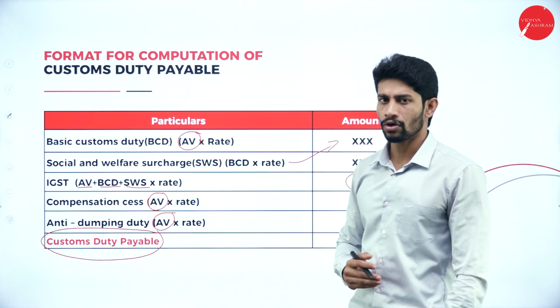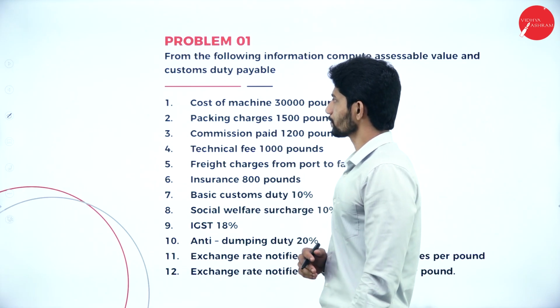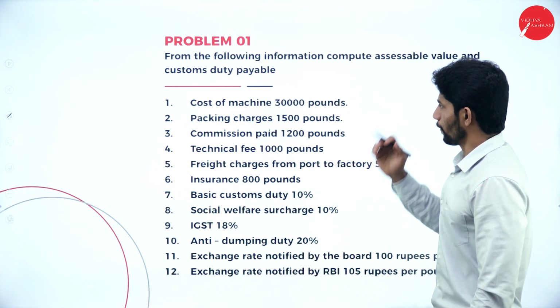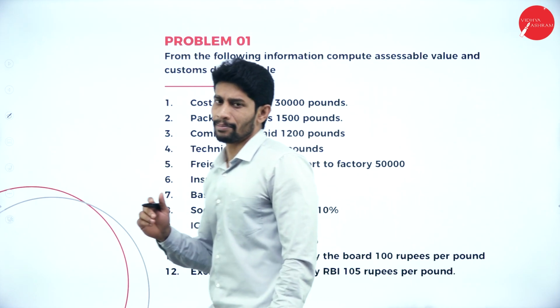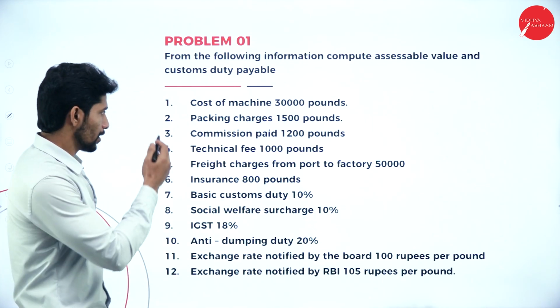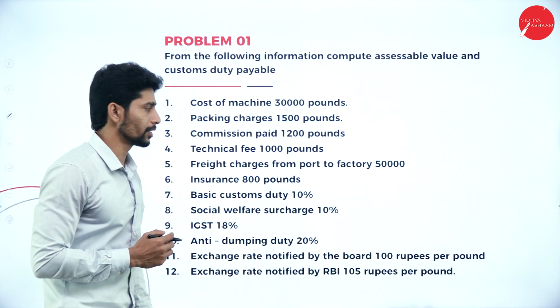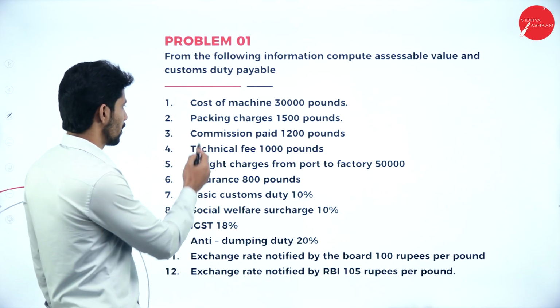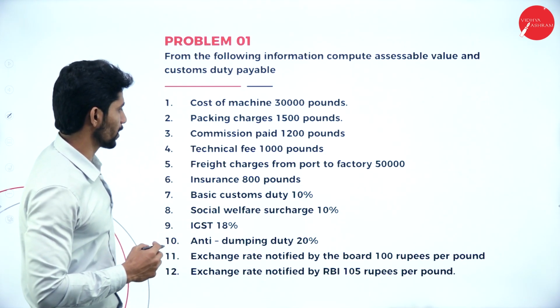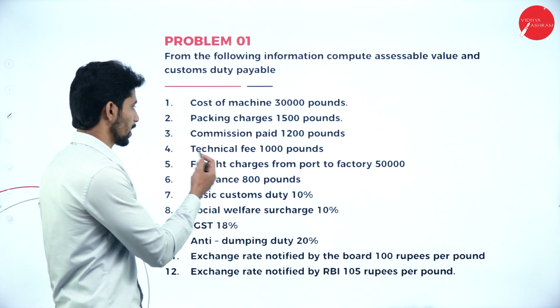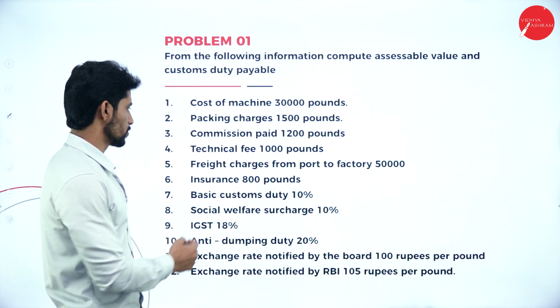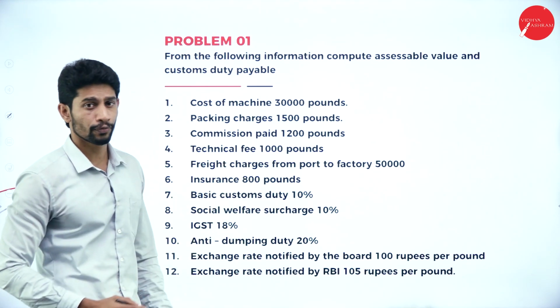Moving on to solve the problems. The first problem: from the following information, compute assessable value and customs duty payable. Cost of machine 30,000 pounds, packing charges 1,500 pounds, commission paid 1,200 pounds, technical fees 1,000 pounds, freight charges from port to factory.